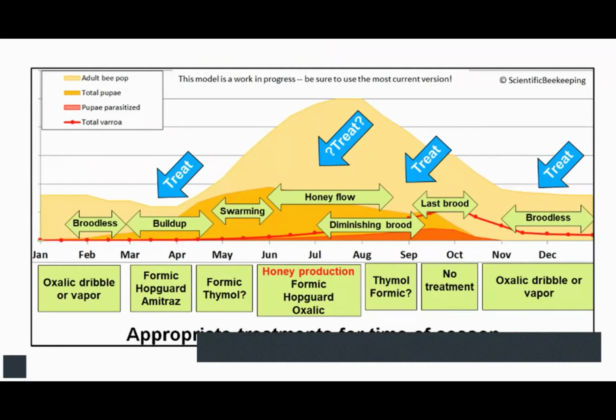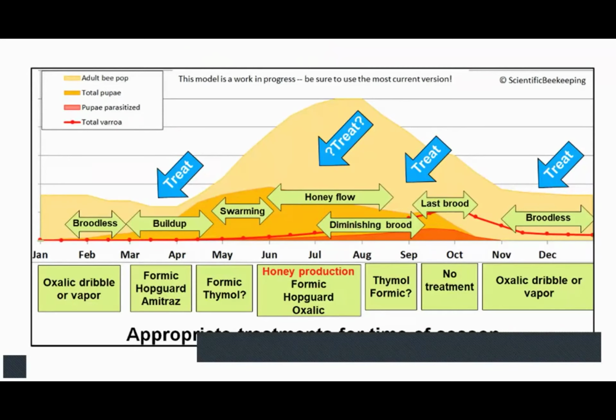And then in May, the Formic Mite Away strips or the Apiguard, and then oxalic acid, and honey production, the Formic Mite Away strips, the Hop Guard, or the oxalic acid.